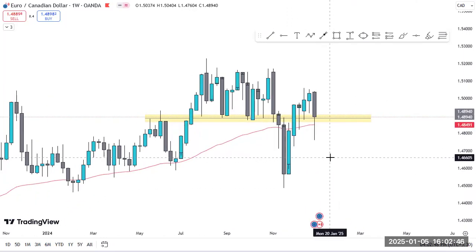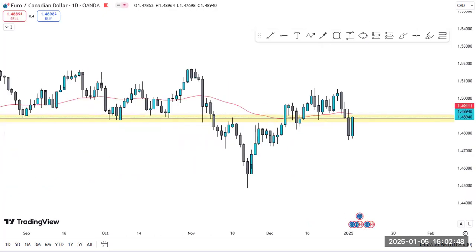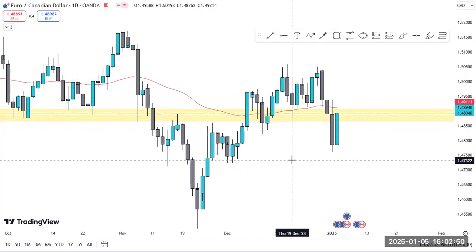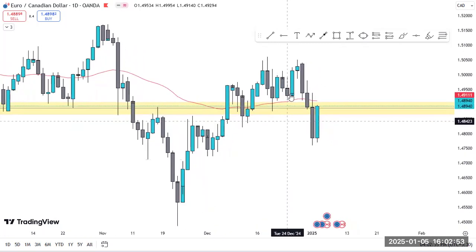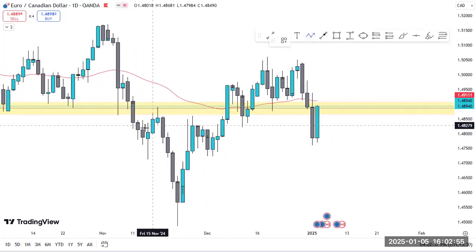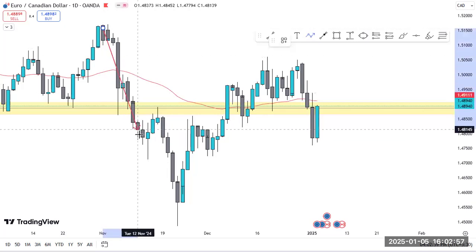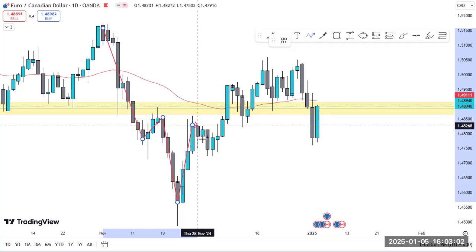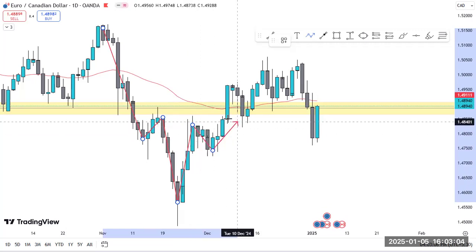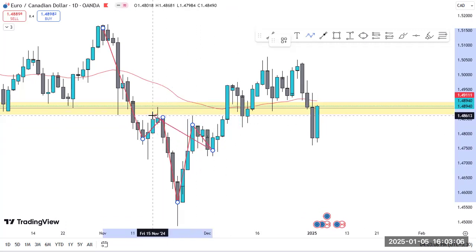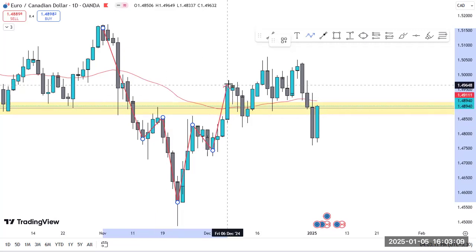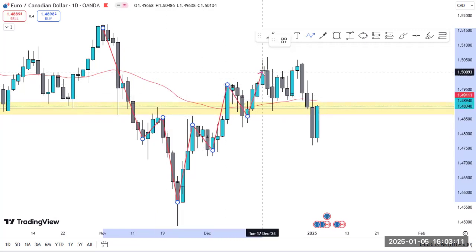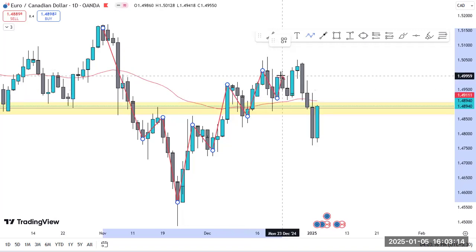But let me go to daily first, then we are going to look for daily's trend. Let me start from here. We are in a downtrend, still in a downtrend. The moment we break above this lower high, we are in an uptrend. Now a new high, still an uptrend. This is just structure, a new high, still uptrend.